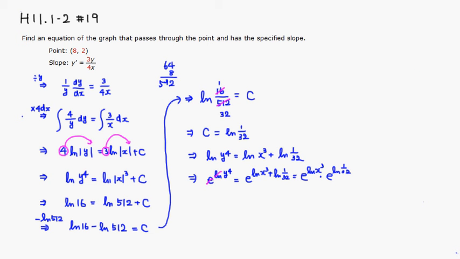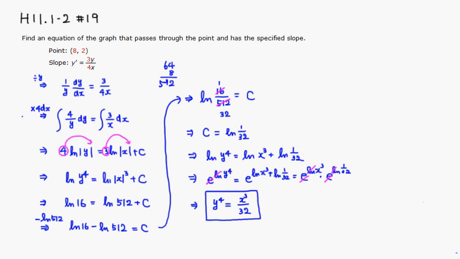Both e and the natural log cancel out, so you end up getting this equation: y to the 4th is equal to x cubed over 32. That's the solution of the initial value problem.